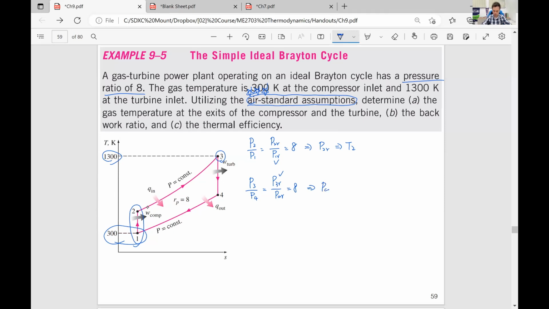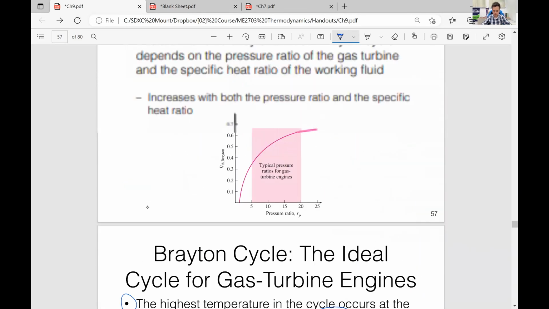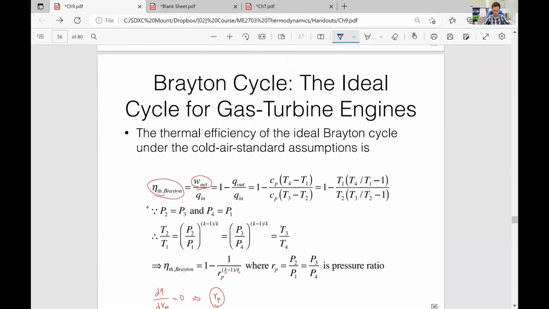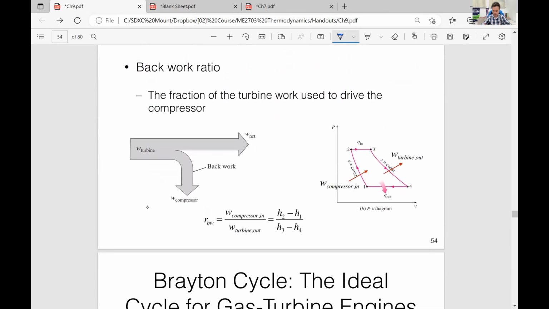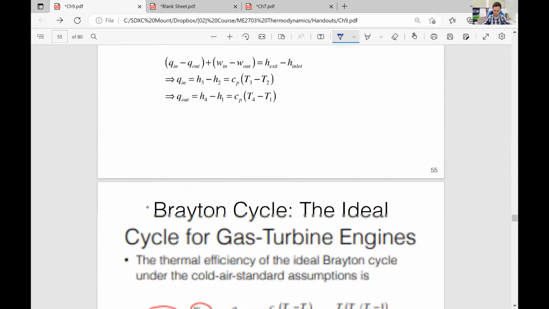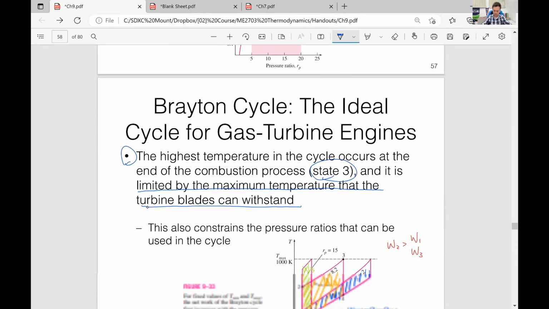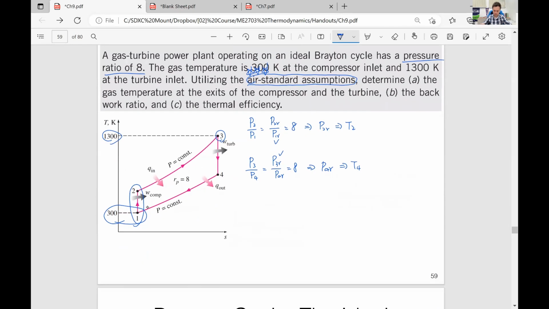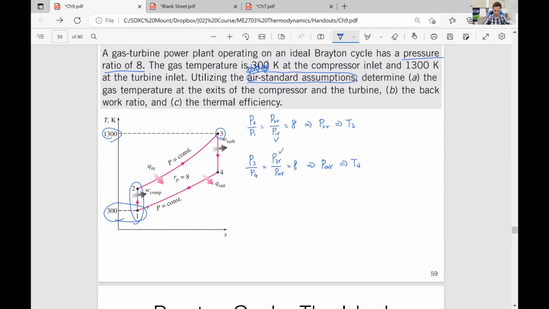So you know P4R by doing this, so you know T4. Let's see the PV diagram. P2 over P1 is the same as P3 over P4. P2 over P1 is the pressure ratio, and P3 over P4 is also the pressure ratio. So we get T2 and T4.